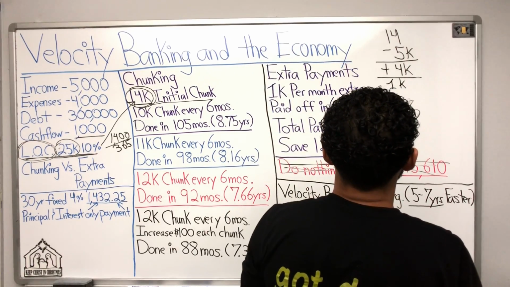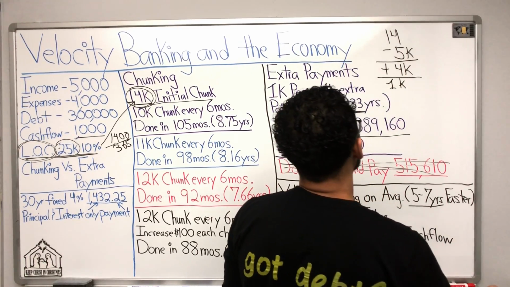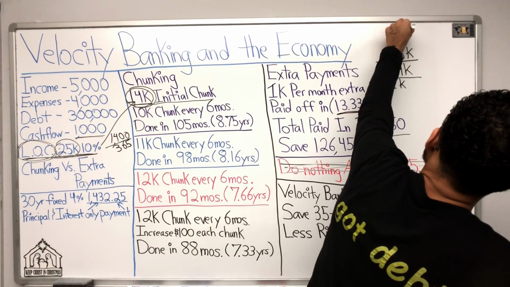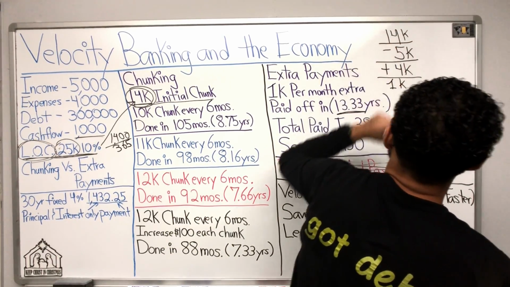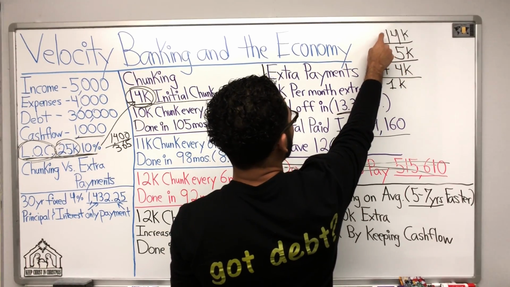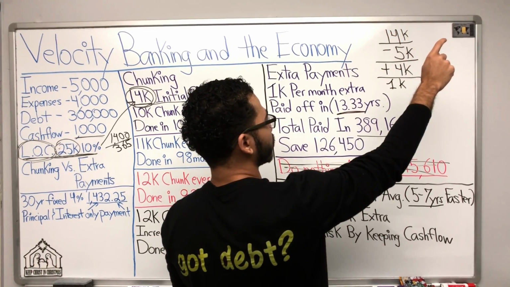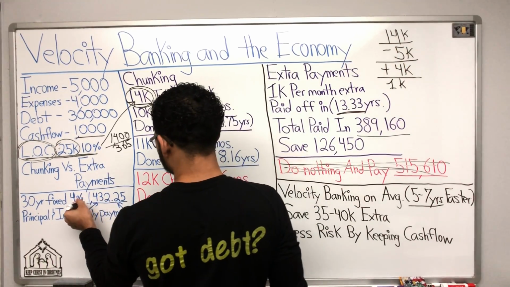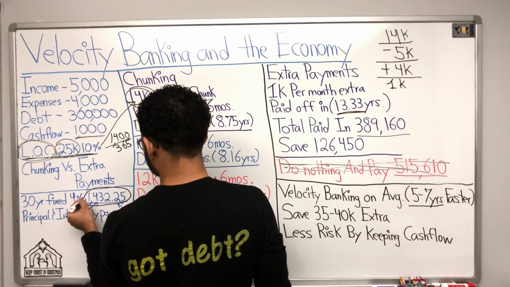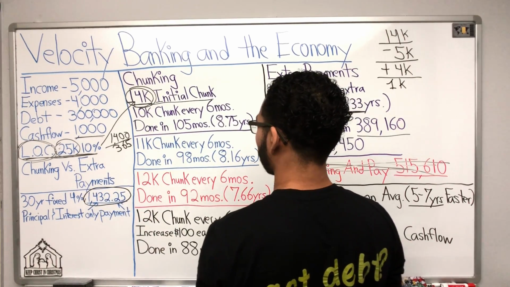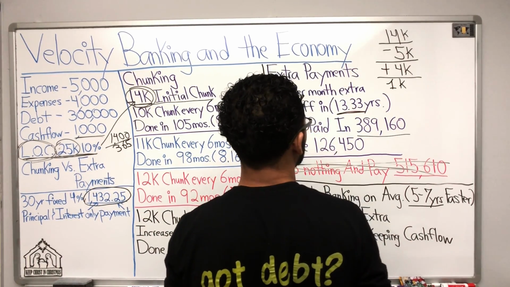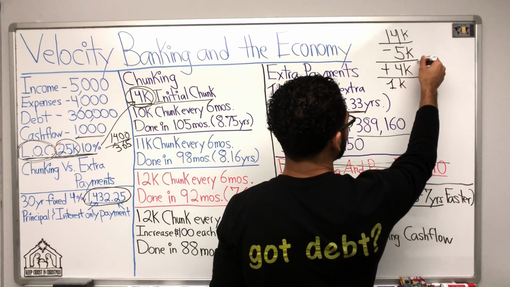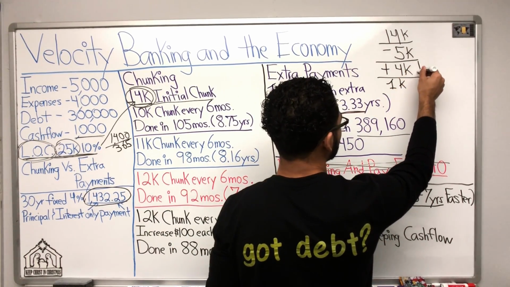Now, what's interesting is this 14K right here, in whatever month that you're chunking, let me ask you a question. Does it satisfy the mortgage payment of $1,432.25? Yes or yes? Yes. So if that's the case, then for that specific month, guess what?